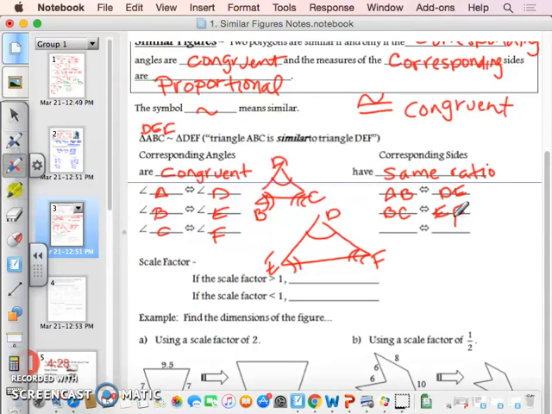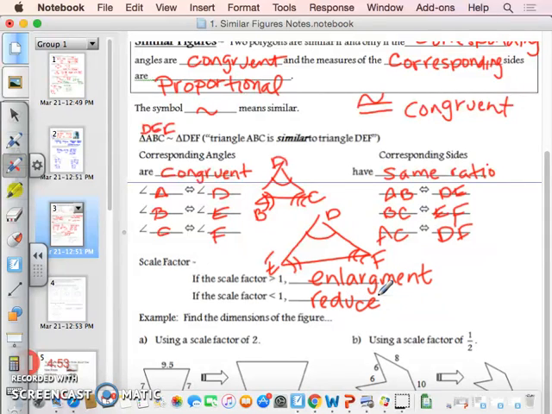Lastly, AC and DF. Now, if the scale factor is greater than 1, this is just like when we did a dilation. When the scale factor was greater than 1, we called it an enlargement. When the scale factor is less than 1, you're going to reduce the image.